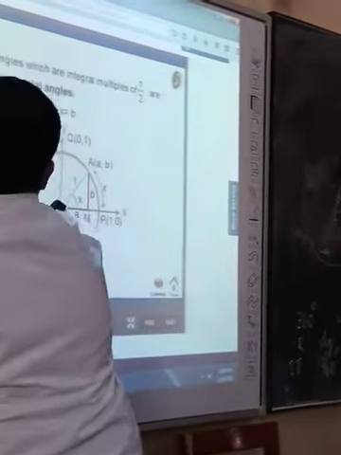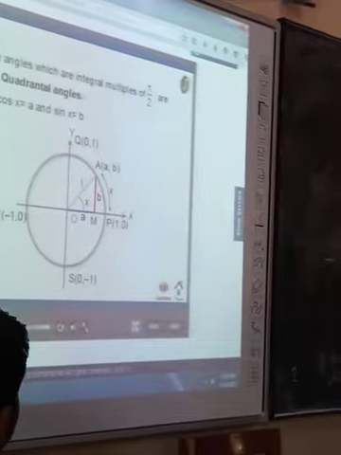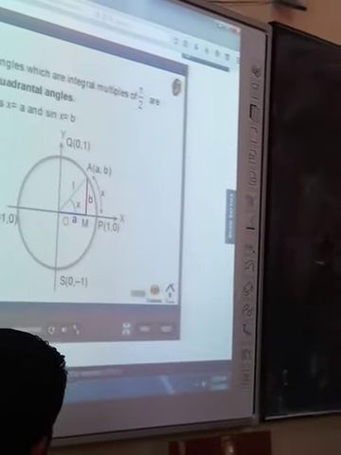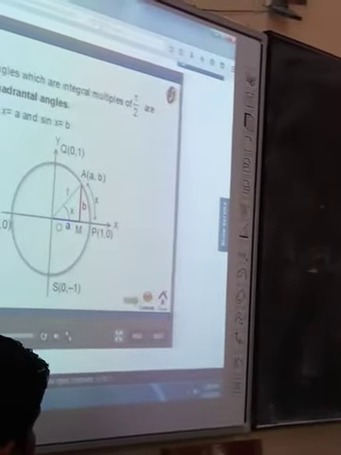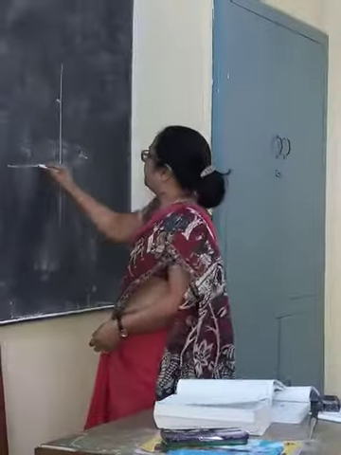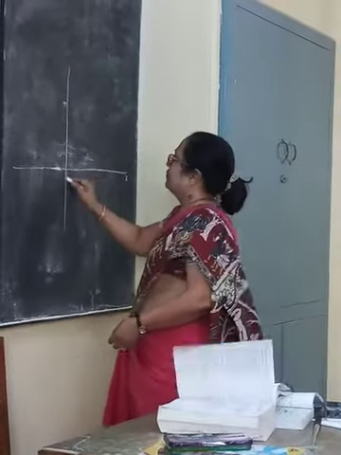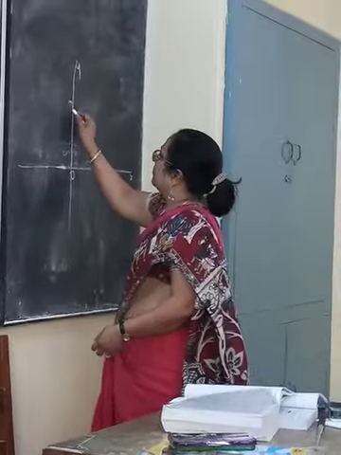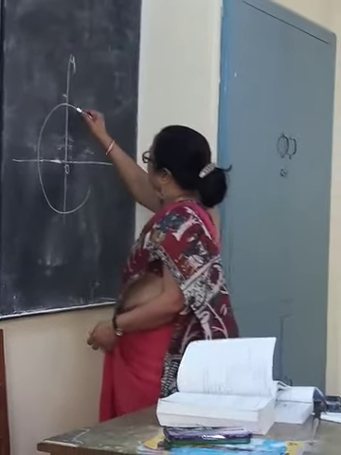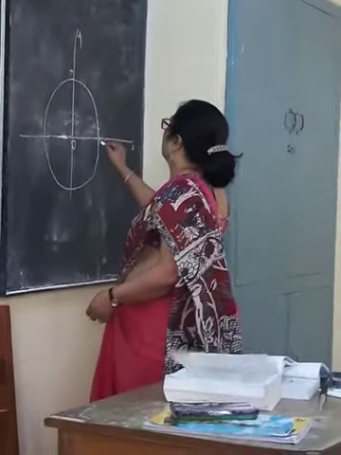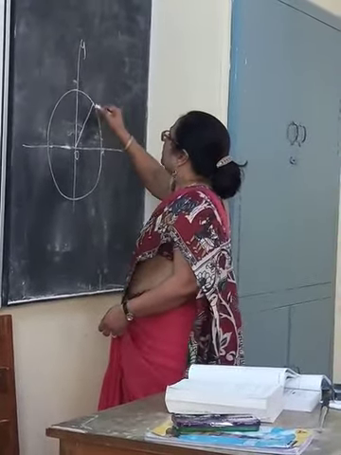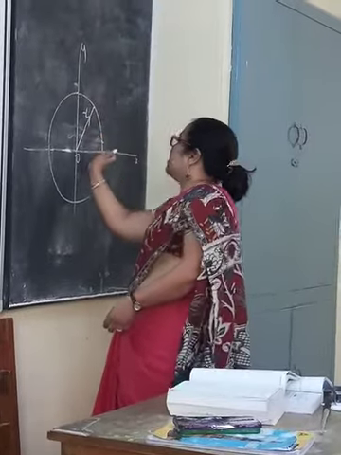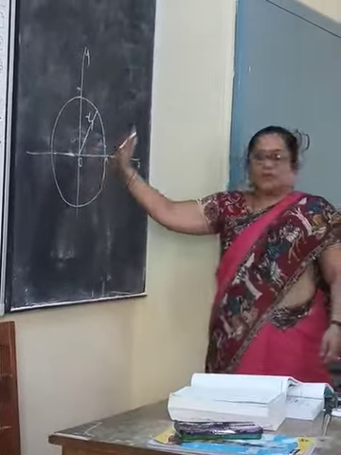Here, cos x is equal to a and sin x is equal to b. Imagine this is a radius as if it is sweeping from the x-axis.